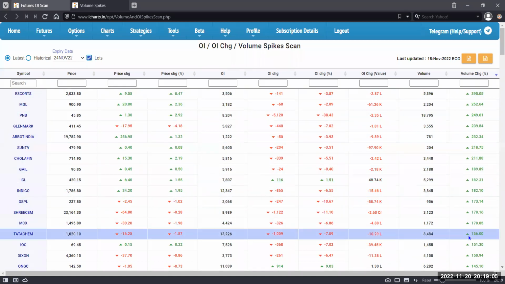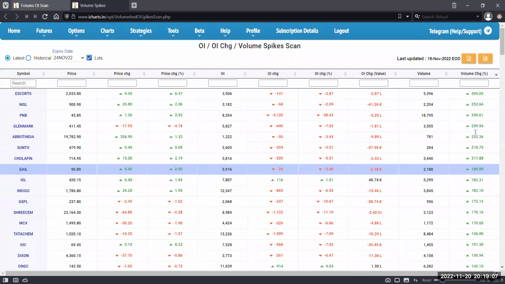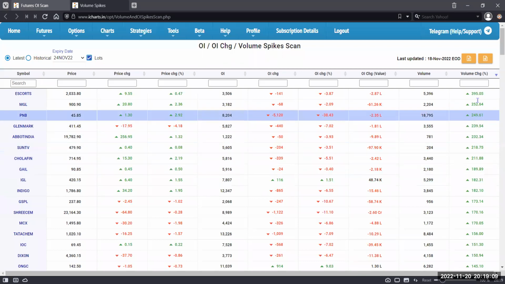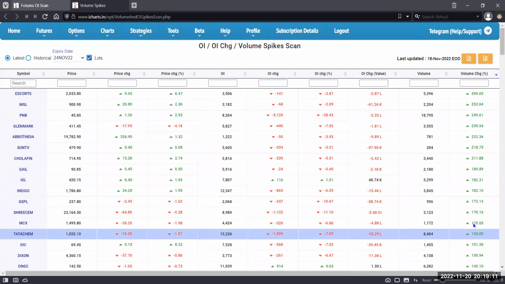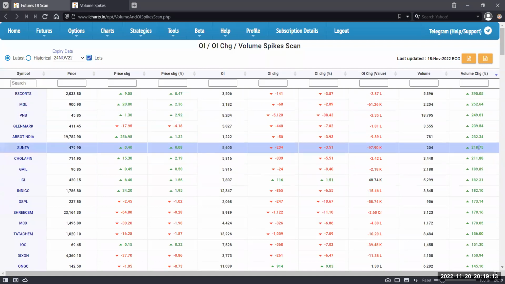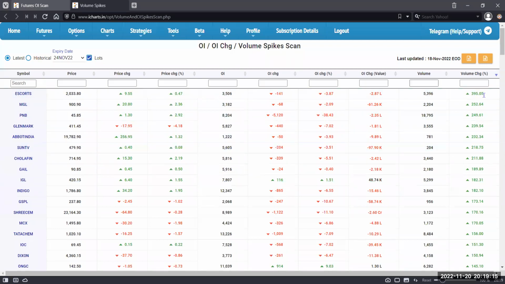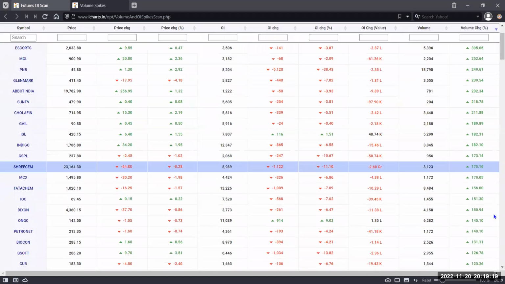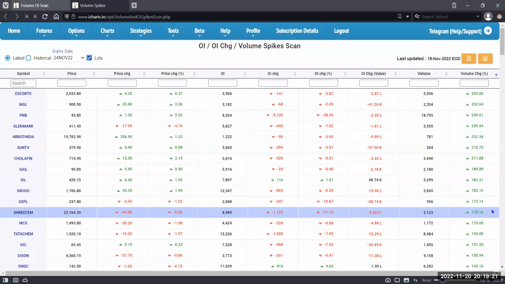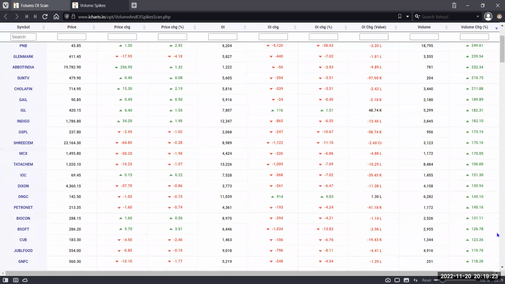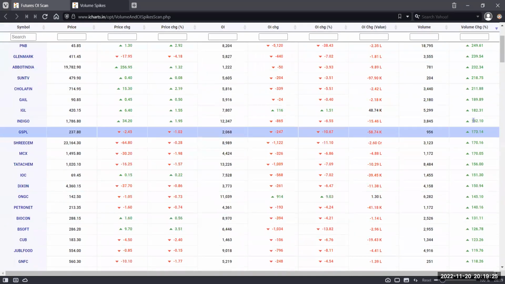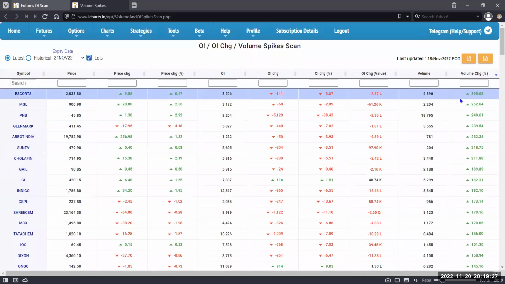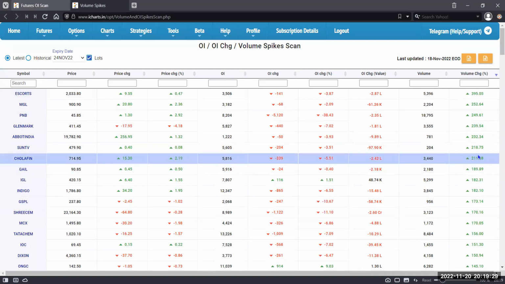If significant volume is there, then something is happening with those scripts. I mean, you will not see more than 100% or so. You'll see it only for very few stocks if there's some really significant move in the market. But you will see that in the first hour itself, if this goes positive, it means that the volume is more than previous day's volume.